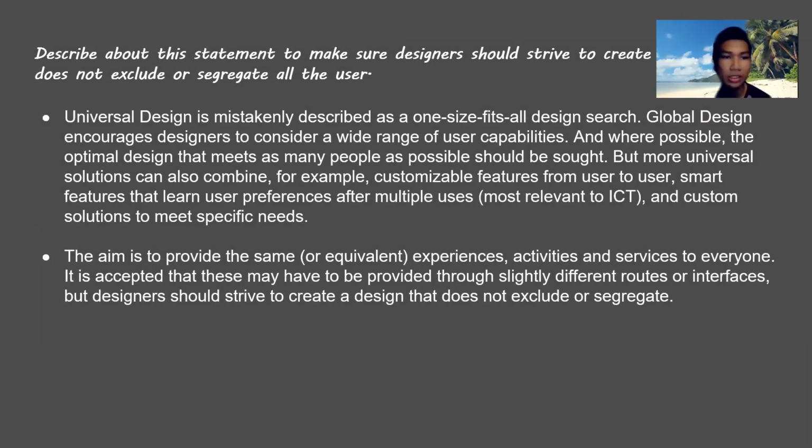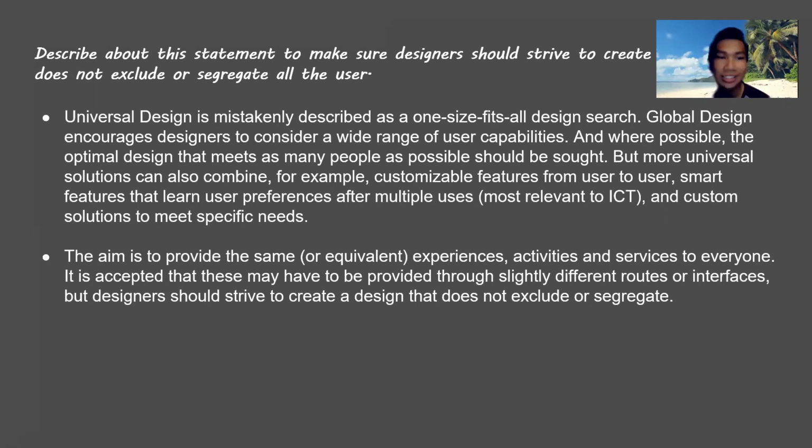Okay, first one, universal design is mistakenly described as a one-size-fits-all design. Universal design encourages designers to consider a wide range of user capabilities, and where possible, the optimal design that meets as many people as possible should be sought.